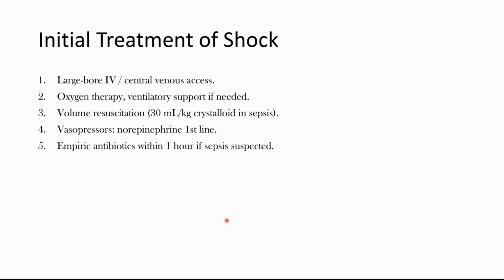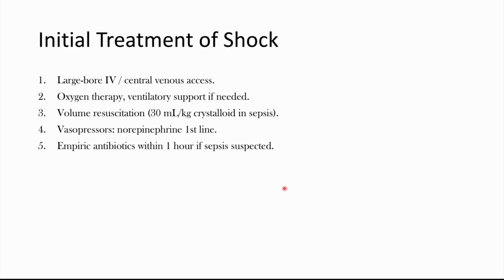The initial treatment of shock is aggressive and time critical. We should establish an IV or central venous access to start oxygen and resuscitate with fluids. In septic shock, at least 30 ml per kg crystalloid is recommended early.